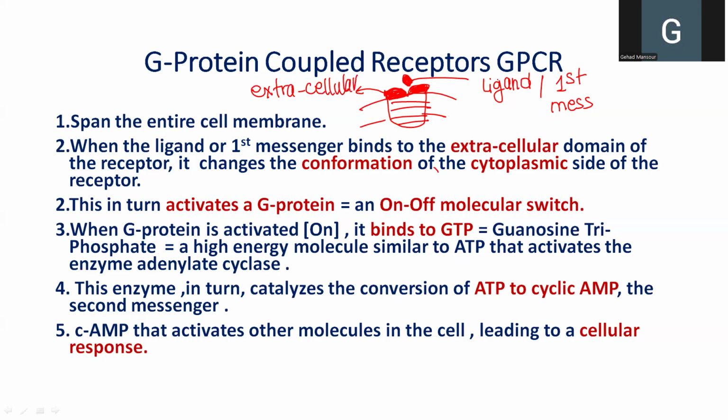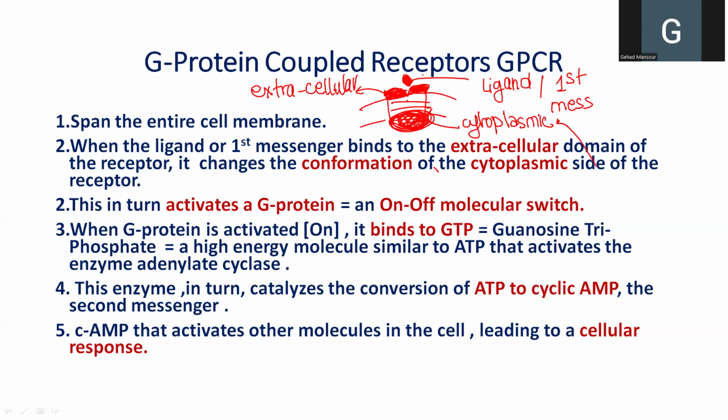So this binding between the ligand and the extracellular part of the receptor will induce changes in the conformation or the shape of the cytoplasmic side of the receptor. So this is the cytoplasmic side of the receptor. We have binding with the extracellular part resulting in changes in conformation in the cytoplasmic part.